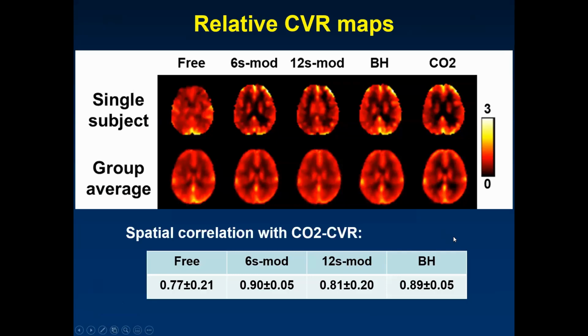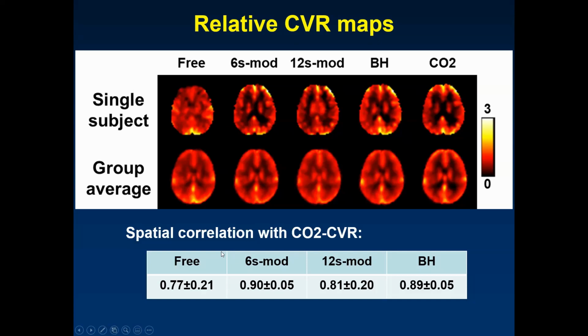And then we looked at the spatial correlation between CO2 CVR and these different non-gas methods. Shown here first are the resulting maps from a single subject and from the group average maps. Although the group average maps showed similar quality across different methods, the free breathing could be worse than the other modulation scans and breath holding scans.